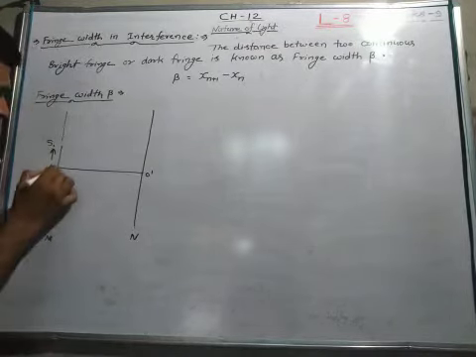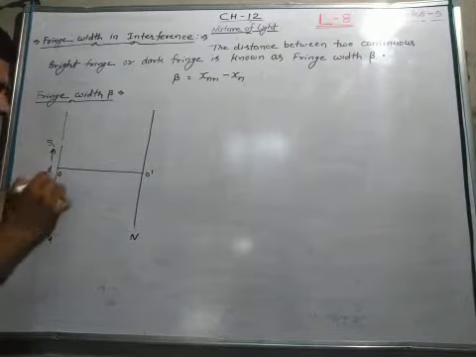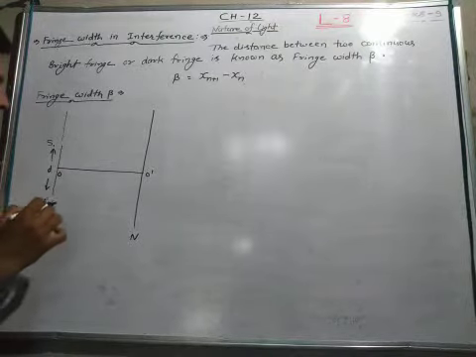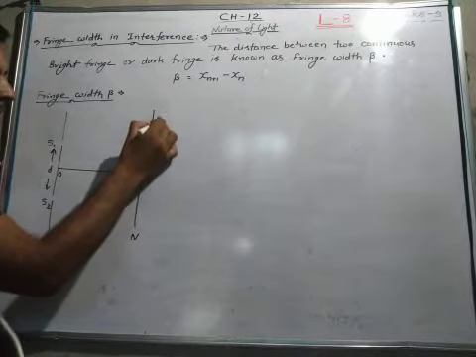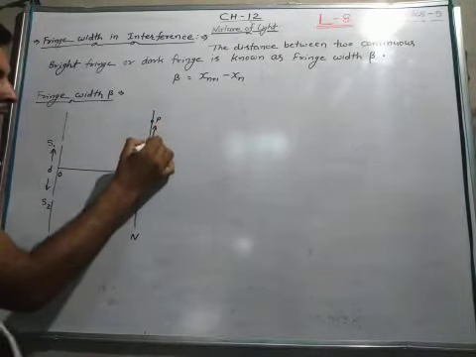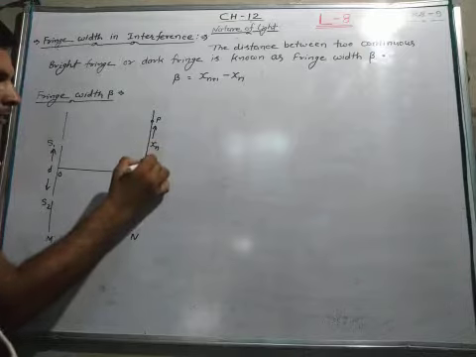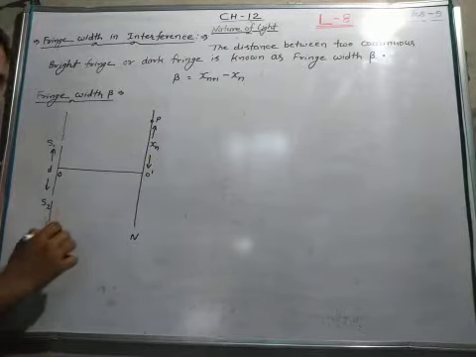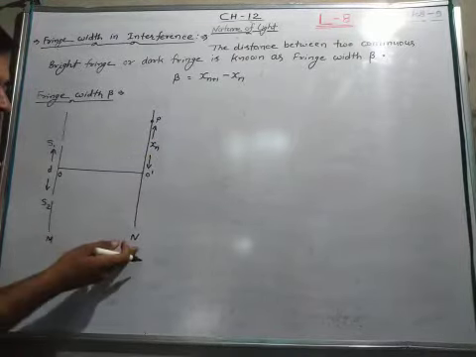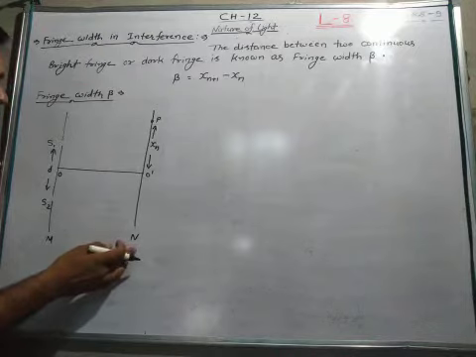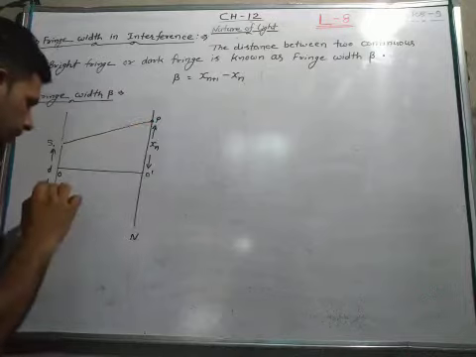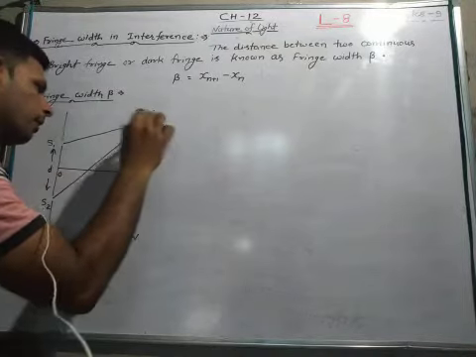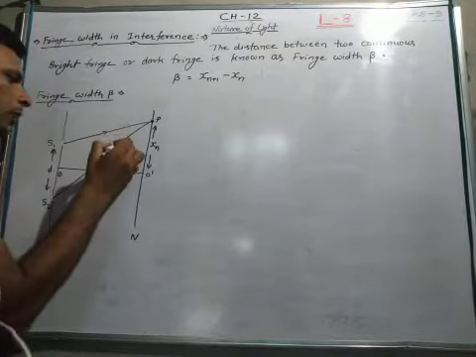This is O dash and this is O. Now we take a point P at xn distance from the center O dash of screen N. We make the waves incident at this point P from both slits.